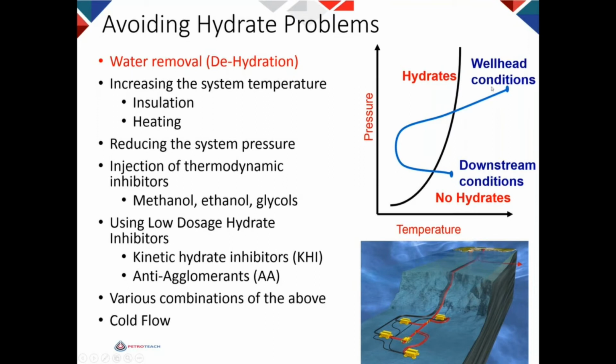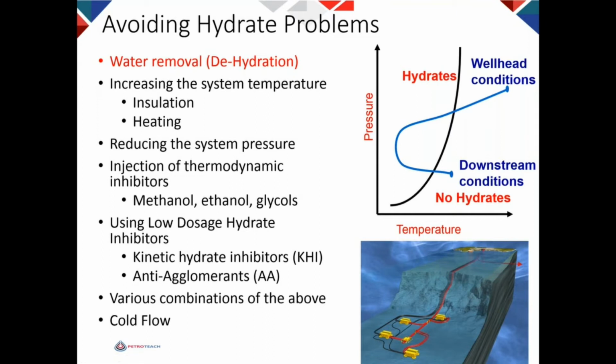But there are pipelines that can have strange behavior. This is Ormen Lange in Norway, where we have a continental shelf that drops the depth of water to around 1,000 meters. So at the bottom here, the temperature is -1, -2, so it's very cold.